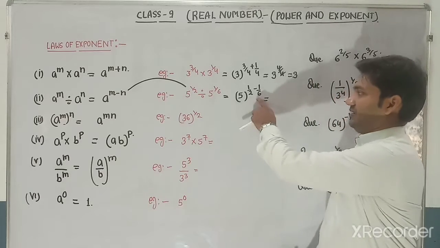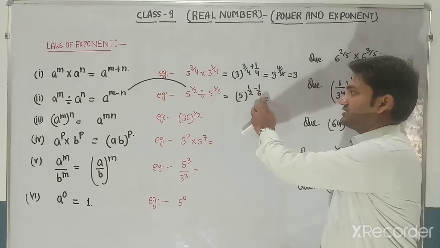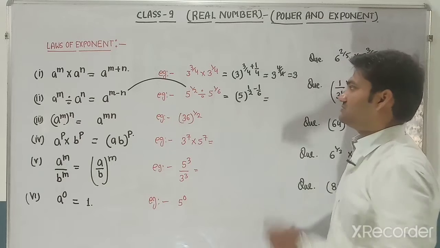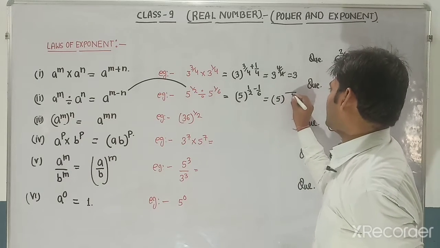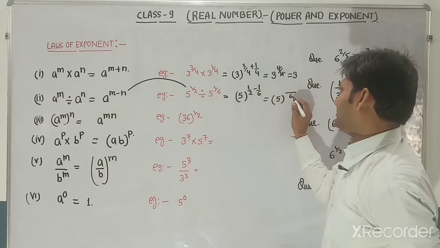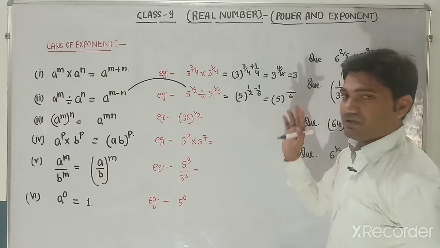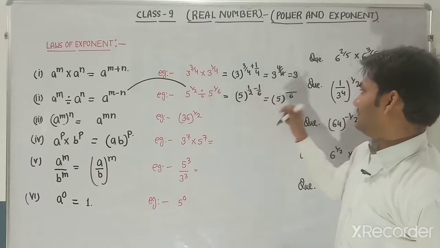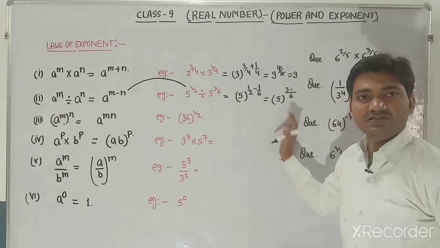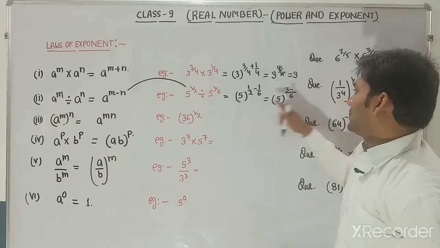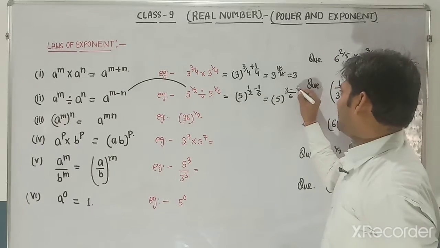Take the LCM of the denominators of 1 by 2 and 1 by 6. The LCM of the denominators is 6. Then 5 power, whole over the LCM 6: 6 divided by 2 is 3, then 3 multiplied by 1 is 3, minus 6 divided by 6 is 1, so 1 multiplied by 1 is 1.